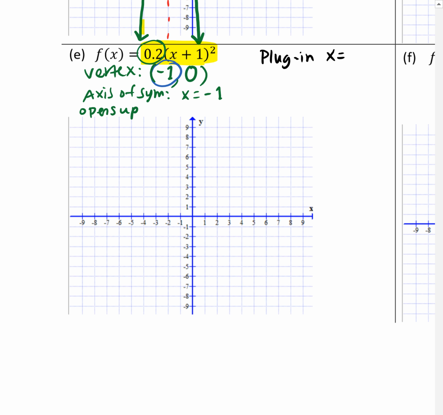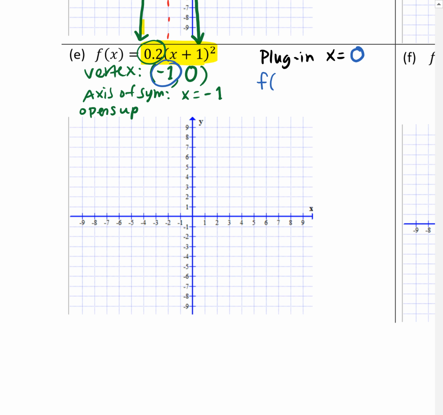Is there anything close to negative 1 that I can plug in that would make that nice? Not really, huh? Anything you plug in close to negative 1, you're going to end up with a decimal. So it's up to you. I might just plug in 0, because nothing close to negative 1 will give me a nice whole number. So it's okay. I'll just see what happens.